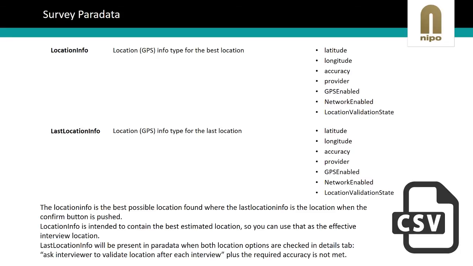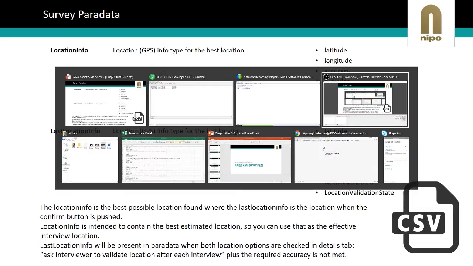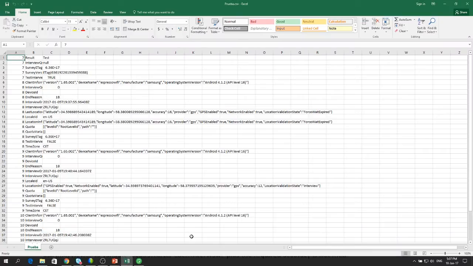A file will look something like this when you open the Paradata. Here in the first column, you have the interview number.